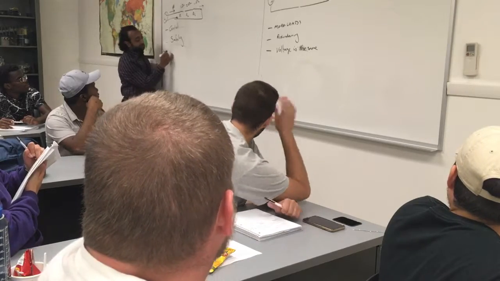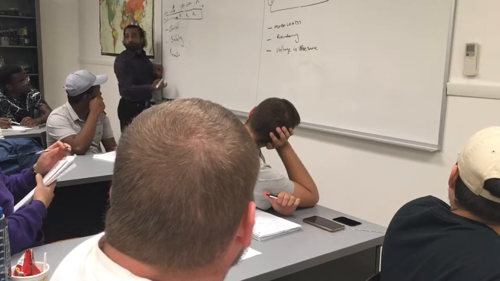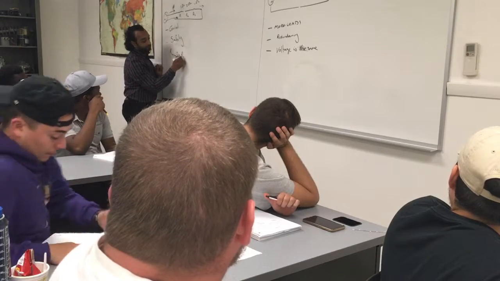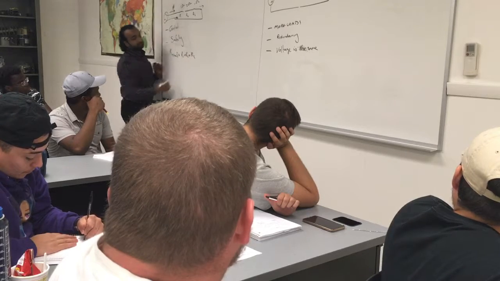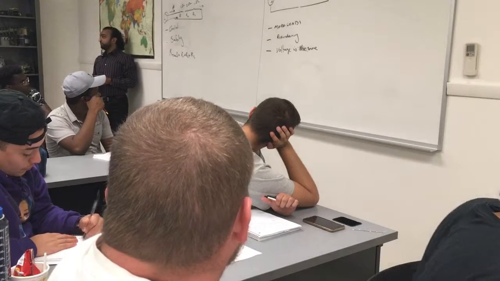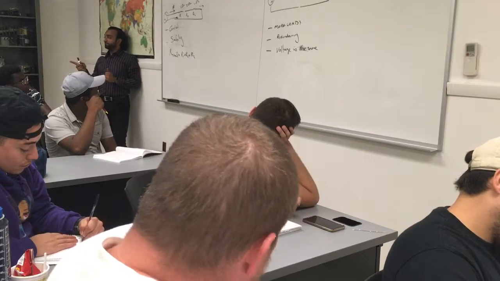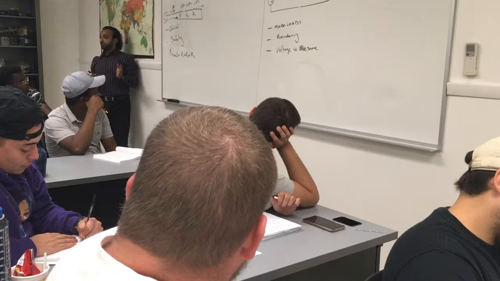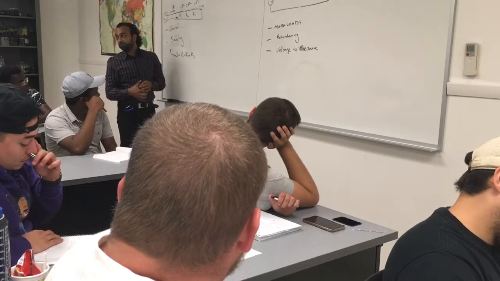So the total resistance equals R1 plus R2 plus R3. You agree? Got it? Simple. You can go and test it. Take the ohmmeter, and it will give you the total resistance.